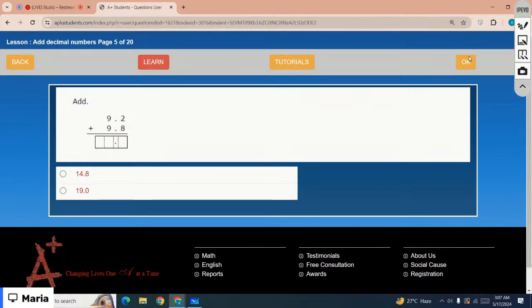The next one is 9.2 plus 9.8, which is the correct option? Yes, 19.0 is the correct option. Very good.